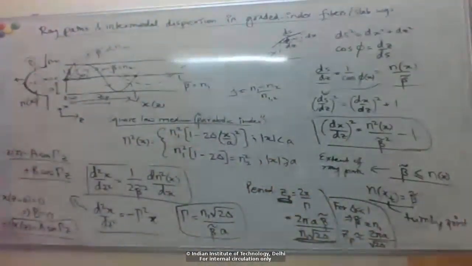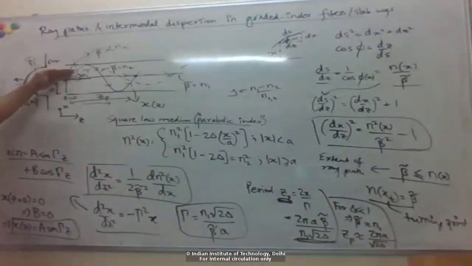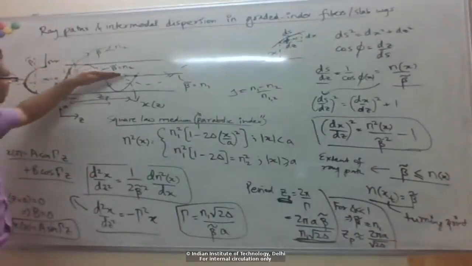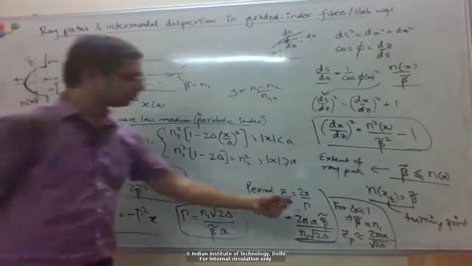In the limit when n1 is almost equal to n2, all the rays are sort of making a very small angle and hugging the axis. In that case, all the rays almost have the same period.